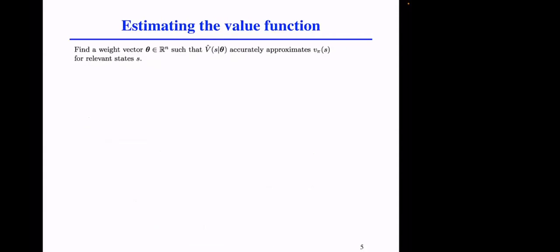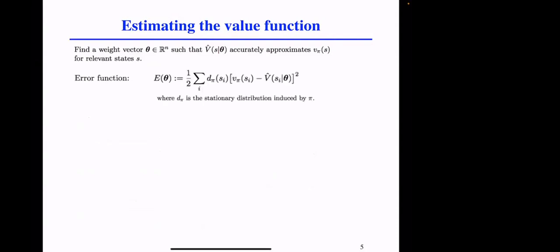Now, how do we estimate a value function when we do function approximation? It's the typical approach. You have an error function, and in the case of RL, it's the difference between the true value of a state minus your estimated value of the state, where the states are weighted according to the stationary distribution induced by your policy.